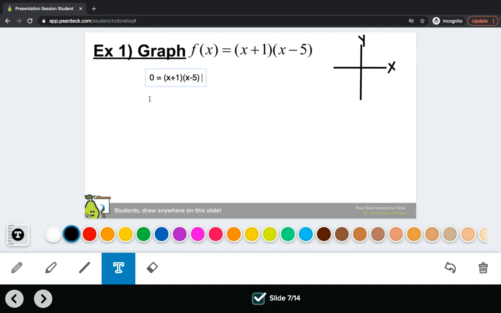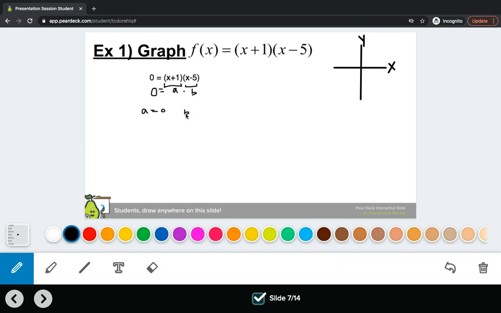And again, we're back to that idea that I can call this section here A and this section here B. And if I'm saying A times B has to equal 0, or 0 is equal to A times B, well, what has to be true? Either A is equal to 0 or B is equal to 0.